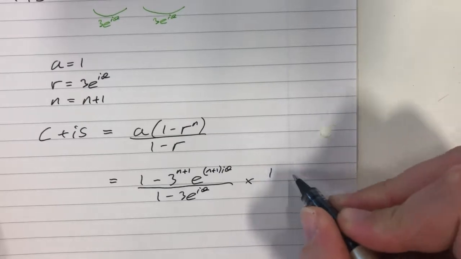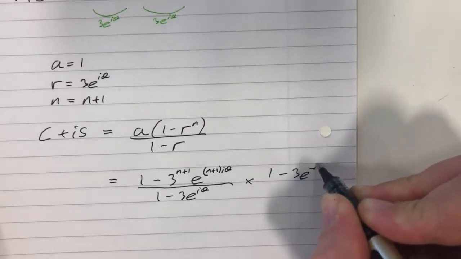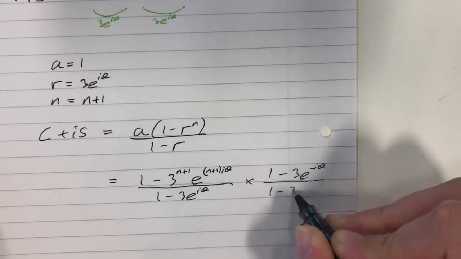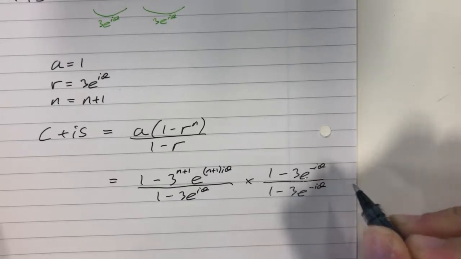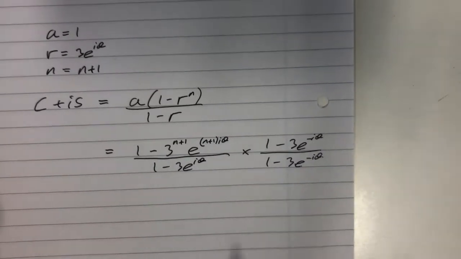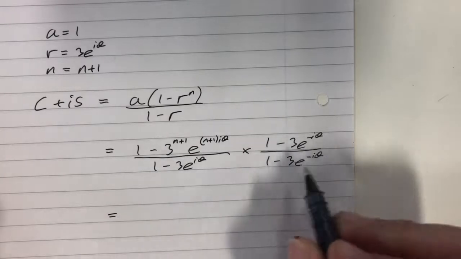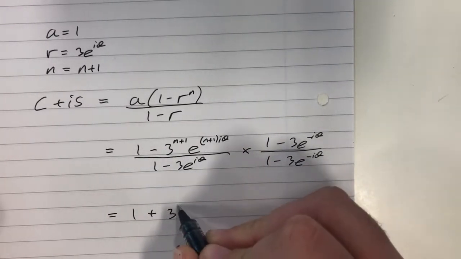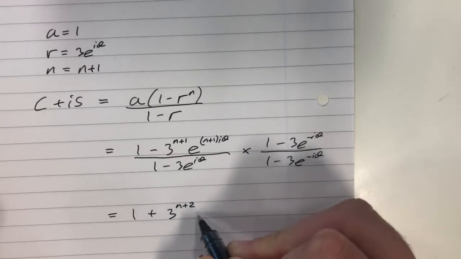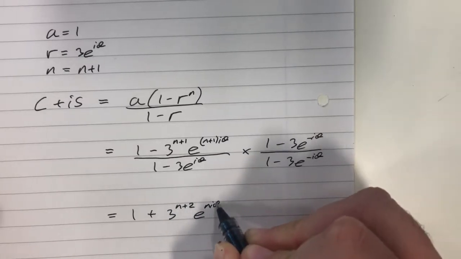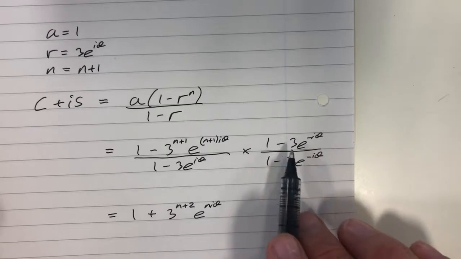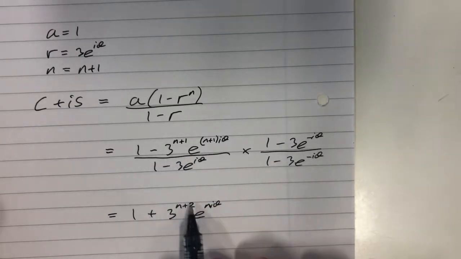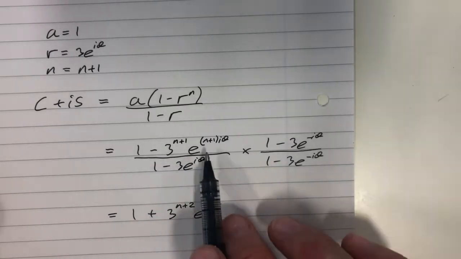Times that top and bottom by the complex conjugate, okay, to make the bottom real. That's going to become 1 plus 3 to the n plus 2 e to the ni theta. So the minus 3 and the minus 3 to the n plus 1 is combined together to give positive 3 to the n plus 2.